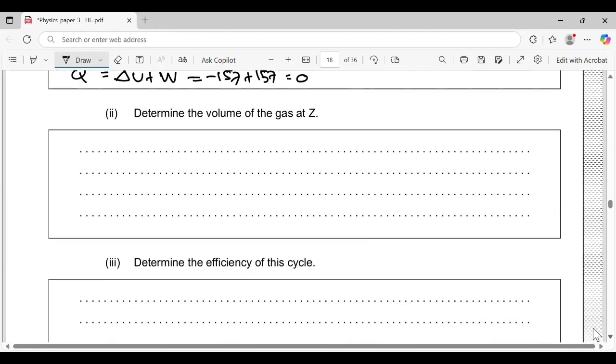Determine the volume of the gas at Z. We use the work formula for isobaric expansion Y to Z. This is isobaric expansion.